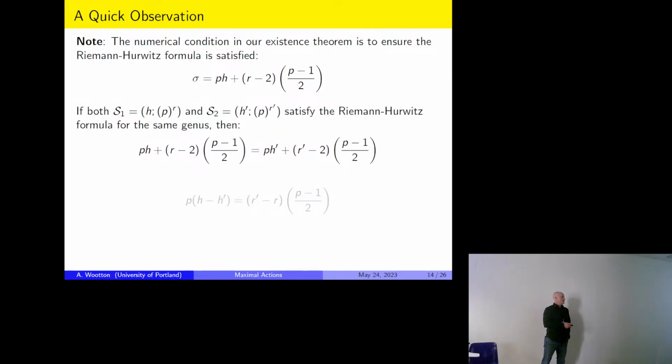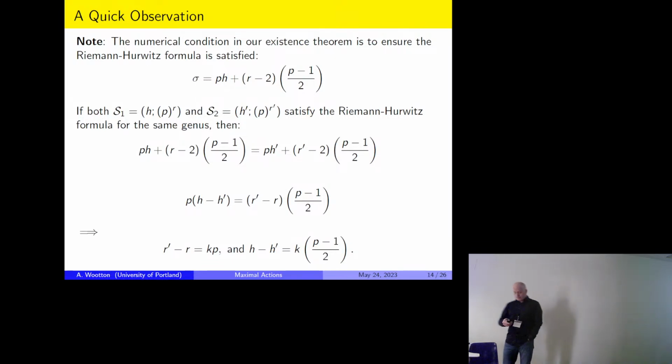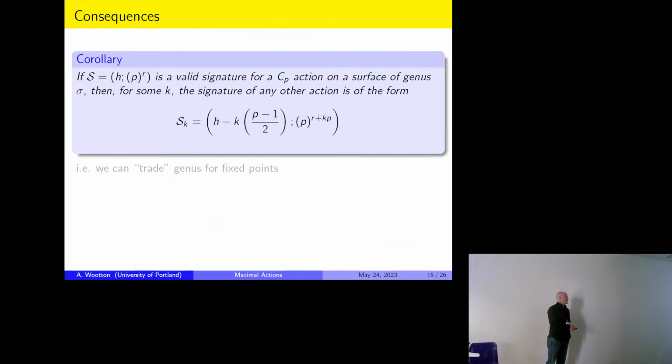Do a little bit of algebraic gymnastics, and we get that if we have two distinct signatures acting on the same genus for the same cyclic prime subgroup, then the difference in the branch points has to be a multiple of P, and the difference in the quotient genera has to be a multiple of p minus 1 over 2.